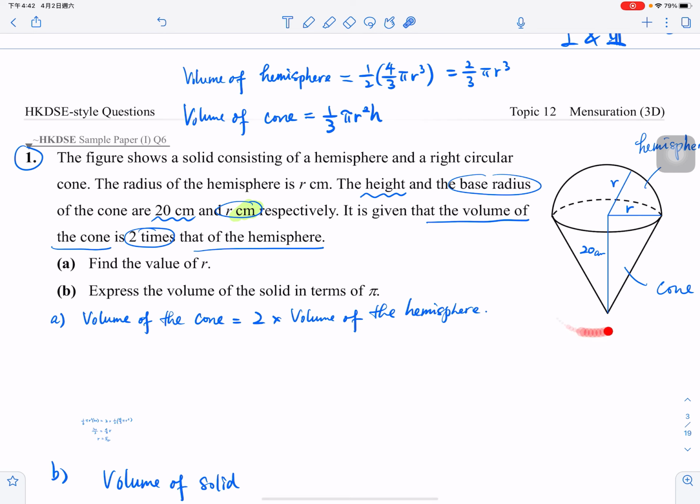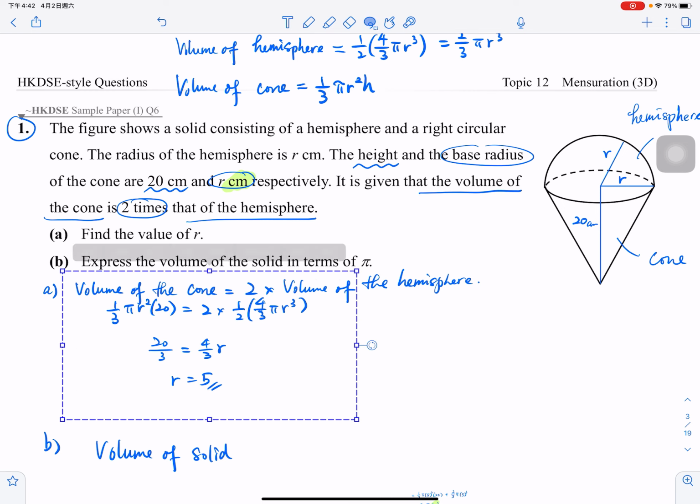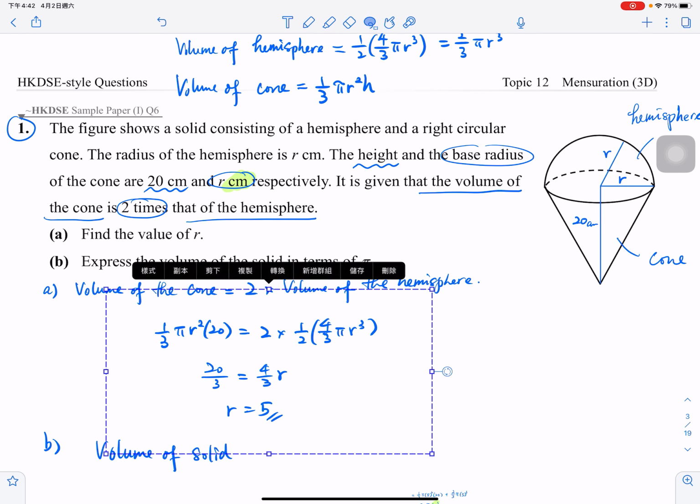So you know the cone and hemisphere volumes. Now, because the volume of the cone is 2 times that of the hemisphere, just make use of these two formulas and substitute the values that you know. We know the height of the cone is 20. So after that, easy, right?